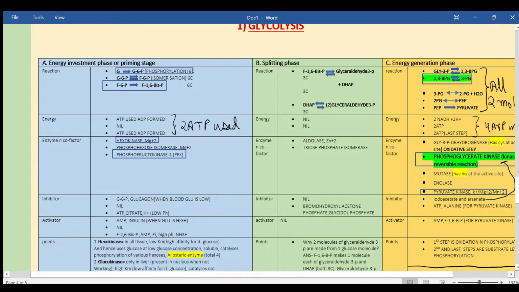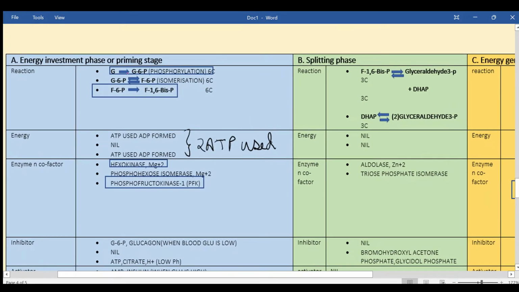Now, the first phase, the energy investment phase or priming stage, is clearly defining the usage of energy, which is ATP.